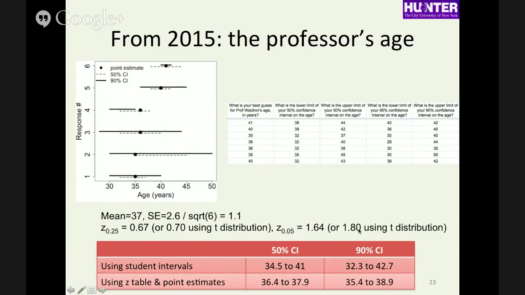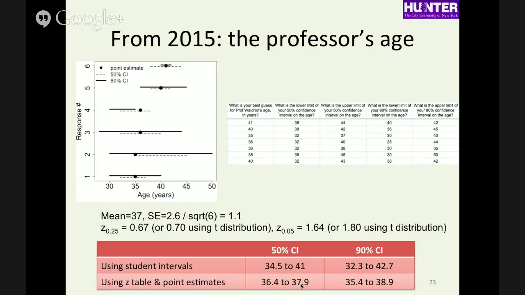But using that, I calculated the margin of error. So using the intervals that you gave, just taking the average of the minimums and the average of the maximums, I got a confidence interval of 34.5 to 41. But using the point estimates and the z table, it's actually much smaller, 36.4 to 37.9.